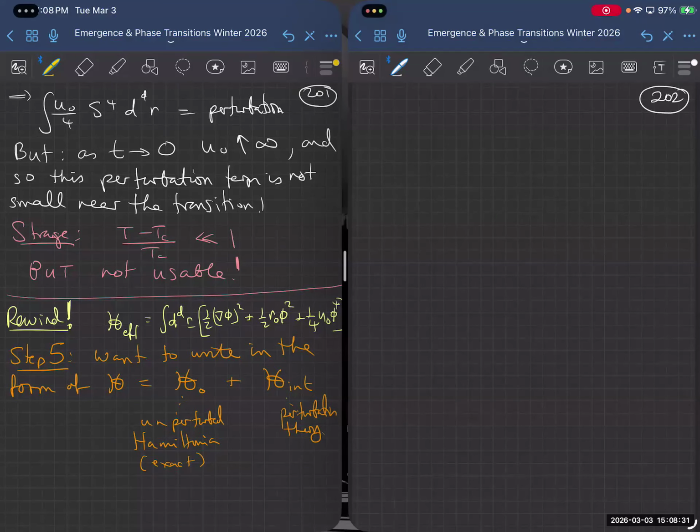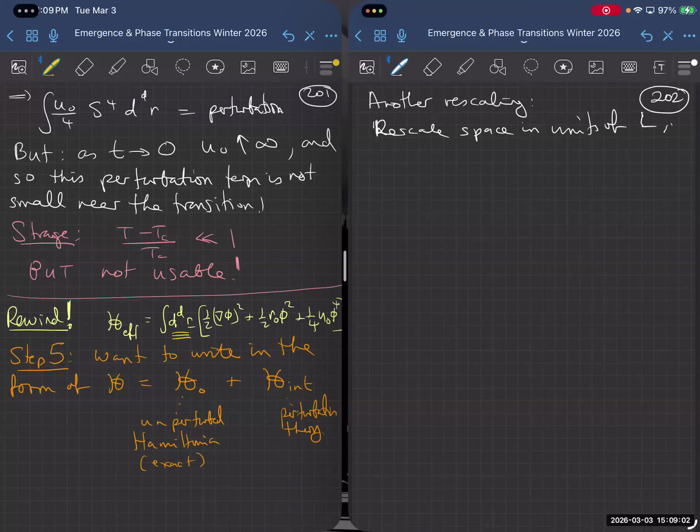So I'm going to define another rescaling. Here we've got the physical dimensions of space. So we're going to rescale space in units of L, i.e. the correlation length.